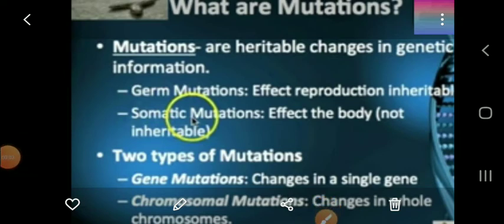Today we will continue with the same chapter, that is Heredity and Variation of Science 2, Standard Ninth. Let us recall what we have studied in our previous lecture. In our previous lecture, we studied genetic disorders due to chromosomal abnormalities.